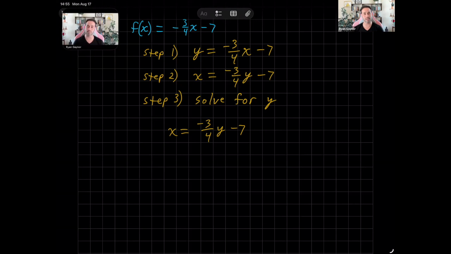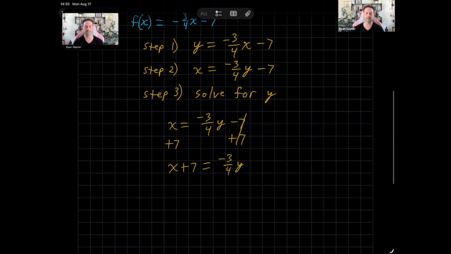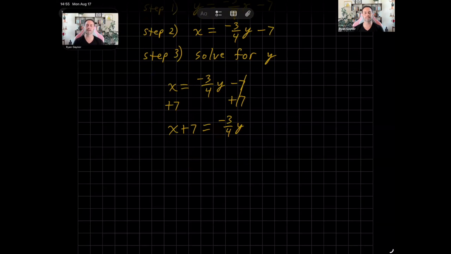Well, it's being multiplied by -3/4, but then there's also a -7 after that. So I gotta work backwards. So I have to write +7 on both sides. That cancels out, and I get x plus 7 equals -3/4 y. Okay, so now I have to isolate y, right? It's almost by itself. So here we go.